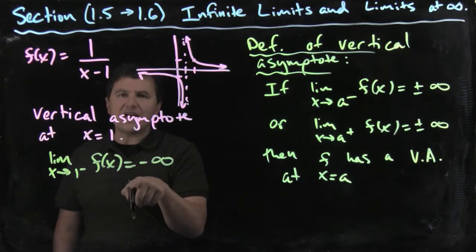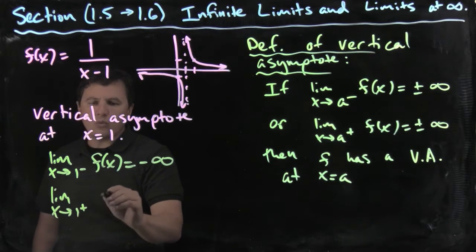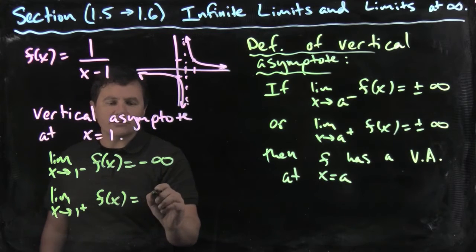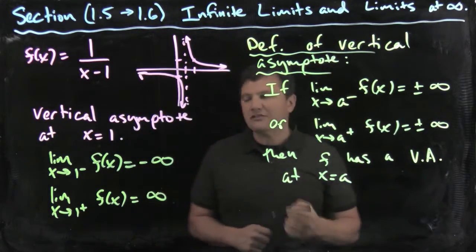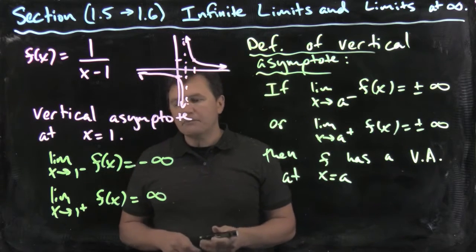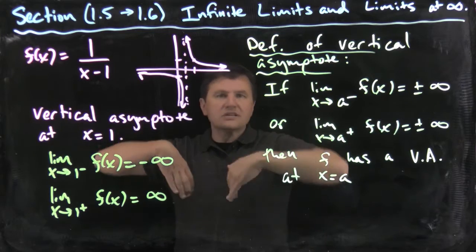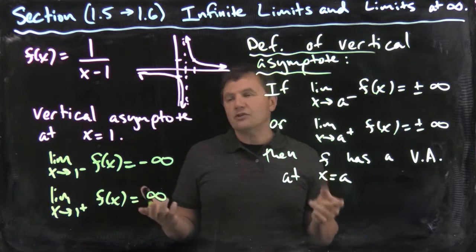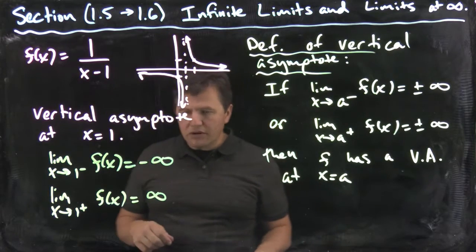Once I have one side, I know there's a vertical asymptote there. Frequently, with typical rational functions, we see this scenario where from the left it equals positive infinity, and from the right, infinity. Sometimes both sides will go to infinity, or both sides will go to negative infinity. It doesn't make a difference as long as it happens on one side. Frequently it happens on both, but it doesn't have to.